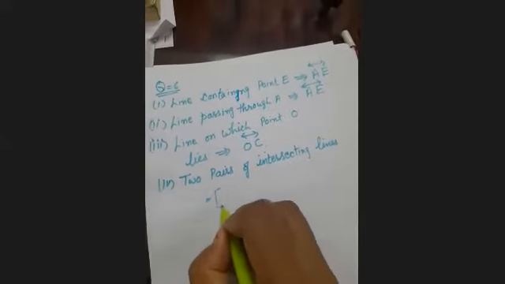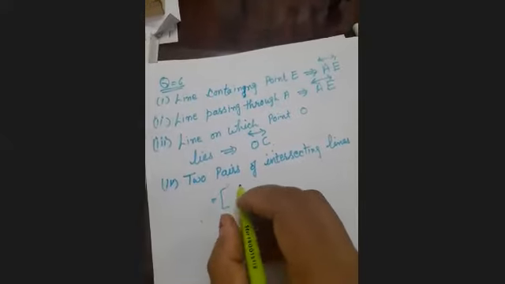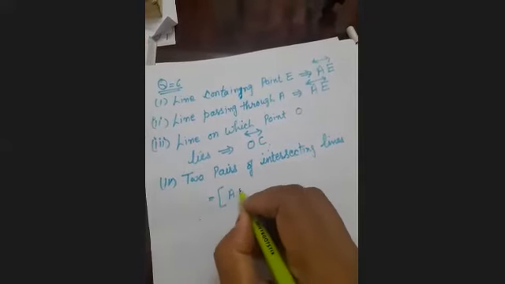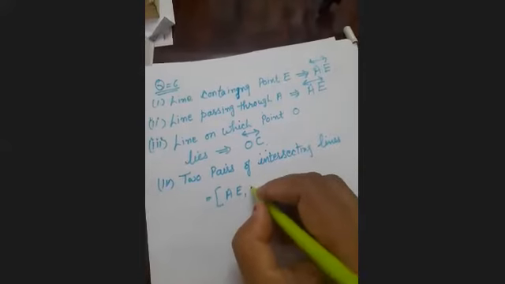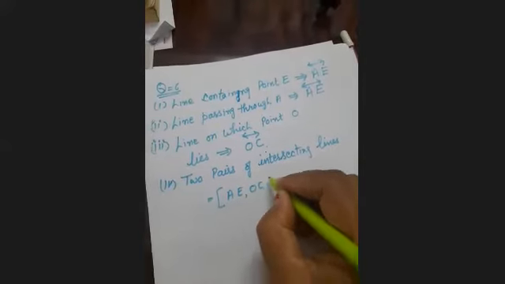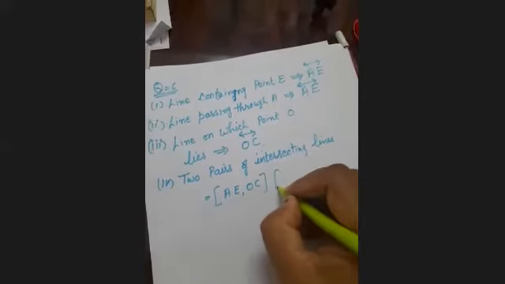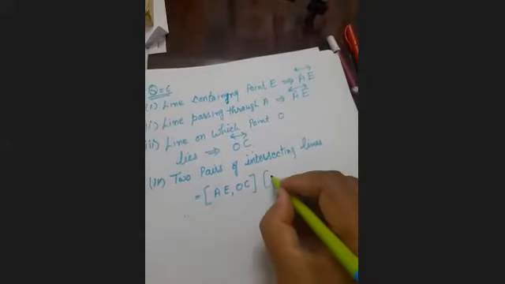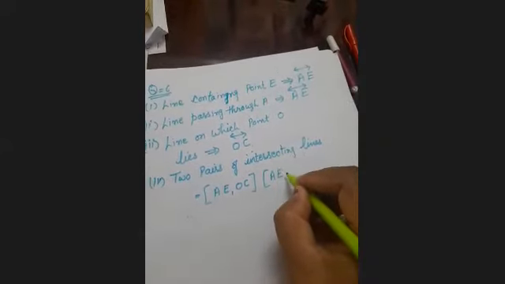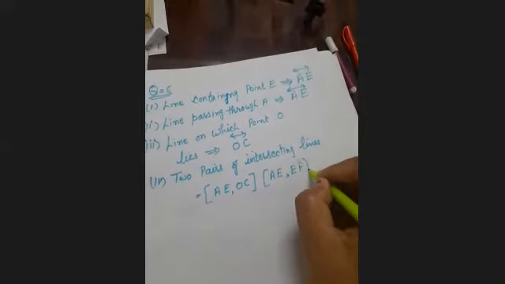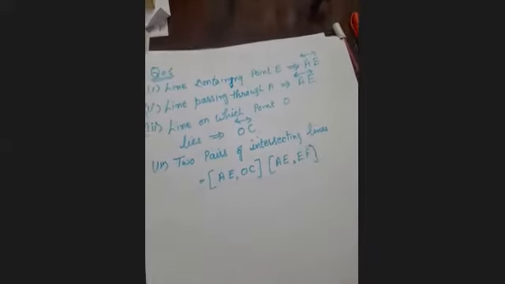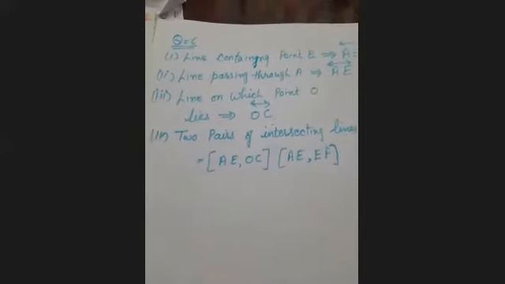First is AE and OC. Second pair, AE and EF. These lines are intersecting lines.